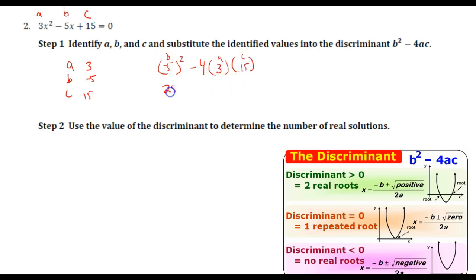So that would be 25. Go ahead and take some time and figure out what that would be. Pause if you need to, but work it out. That should be about negative 180. So we'll go ahead and work that out, again pausing and using your calculator if you need to. That would be negative 155.